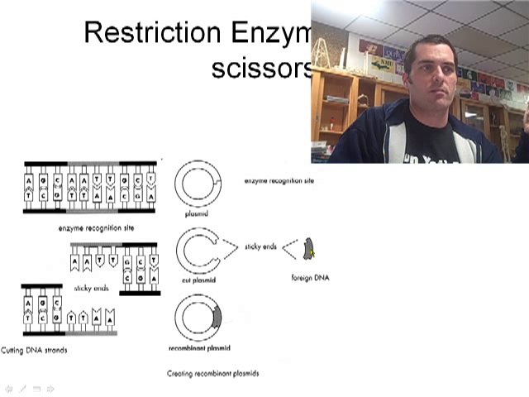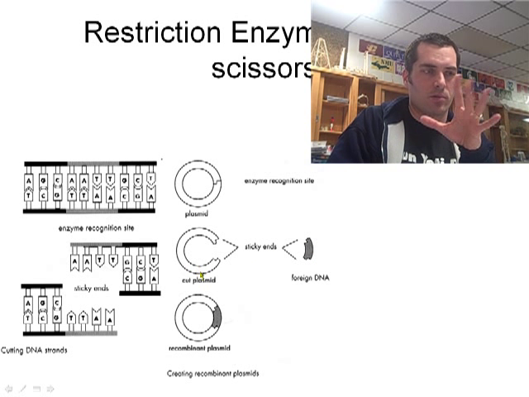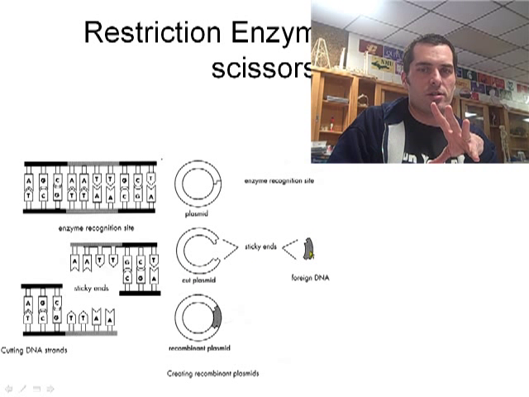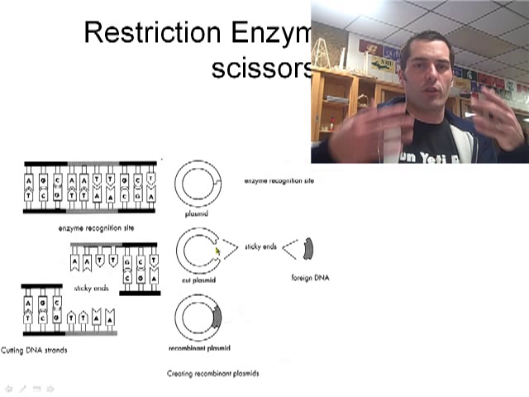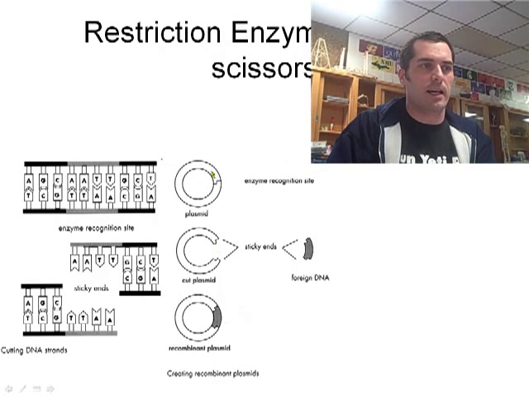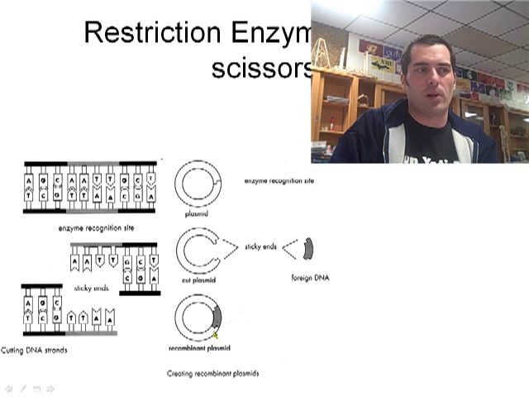When I throw this plasmid into a solution and throw my engineered portion in there, they'll be chemically attracted to each other and they'll stick, and I'll make my recombinant plasmid that has my engineered gene stuck in with the normal bacterial plasmid. I can then stick that in the bacteria, and it will merrily read it, and voila, I've introduced a gene that didn't exist before in that critter.